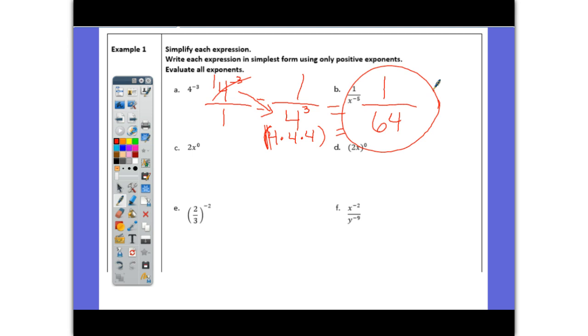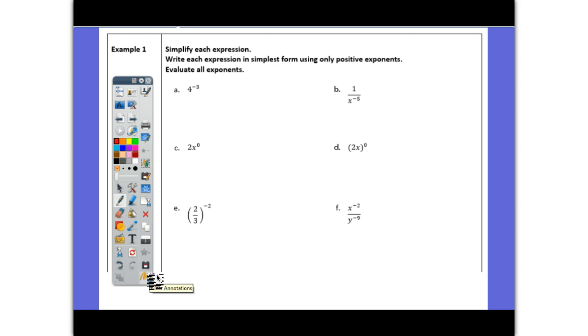All right, now be careful for C. Oh wait, I forgot B. Back up, back up. We have 1 over x to the negative 5th power, my bad again. Show me what you get simplifying that with no negative exponents. Nope, yep, good.